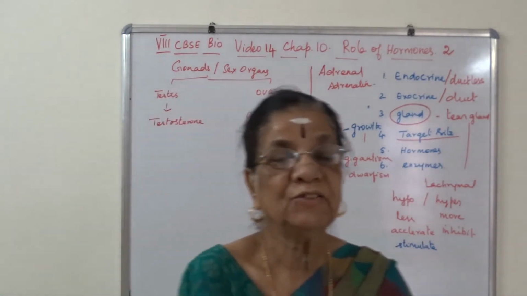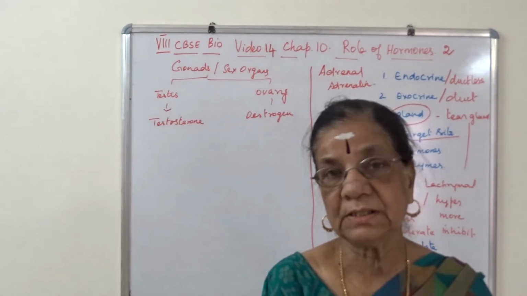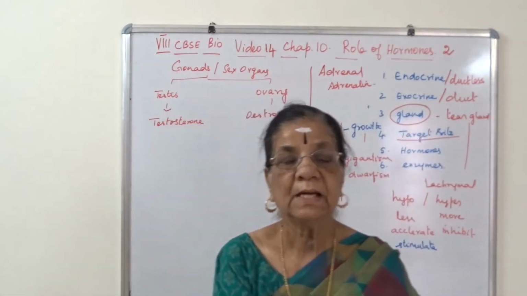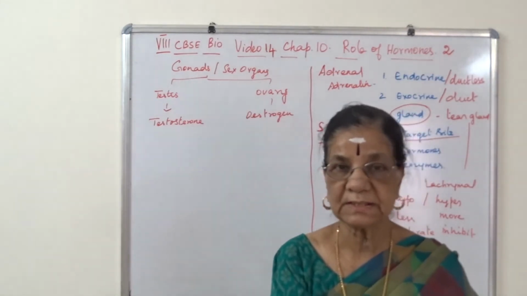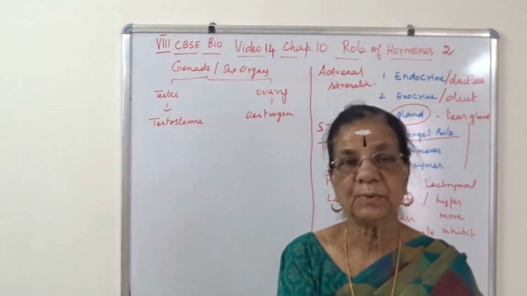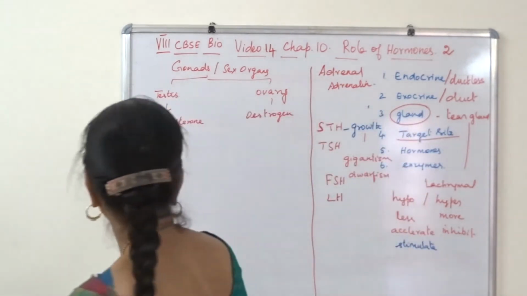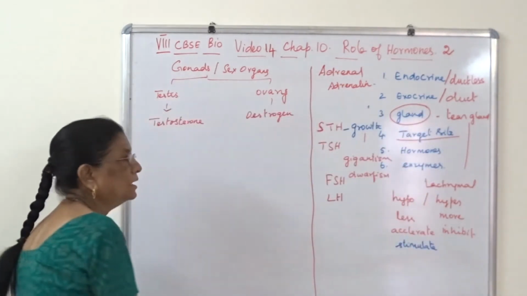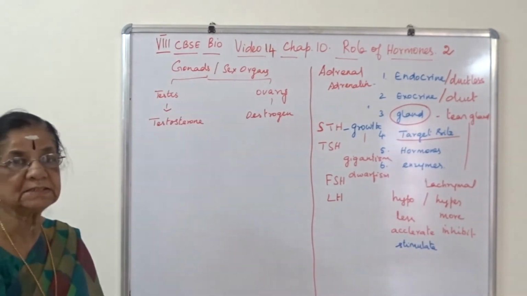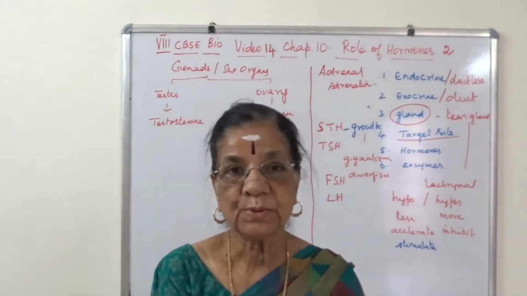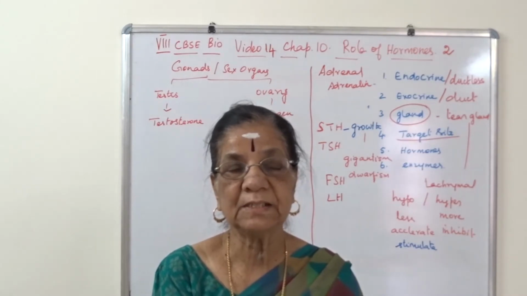Okay. And in chapter 9 we have learned sex organs in human as male reproductive system and female reproductive system. Is it not? So the hormones secreted by testis, this accessory glands we have learned, prostate gland, Cowper's gland, seminal vesicle, is it not?